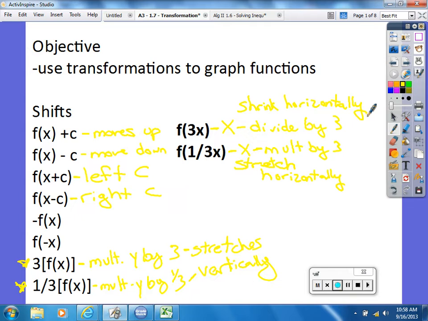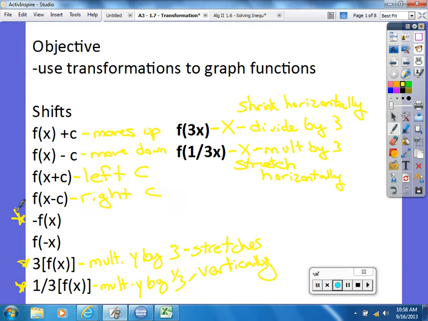So now I've got 2 left. And this one right here, negative f of x, you've seen before, such as negative x squared, negative x cubed. What does it do to the whole graph? Let me put a negative sign in front. Not over the y, over the x.